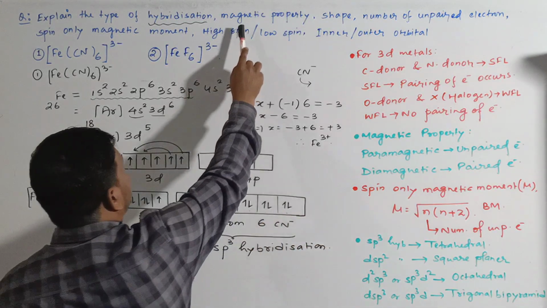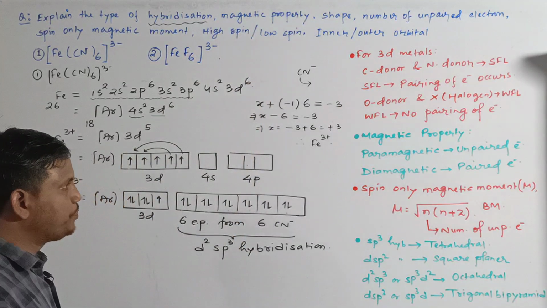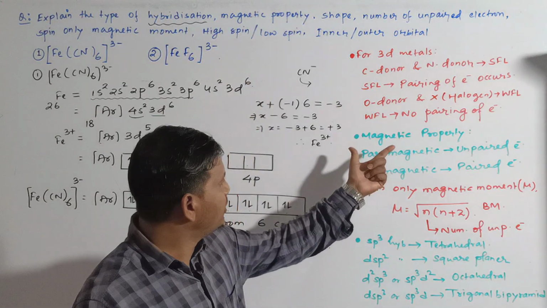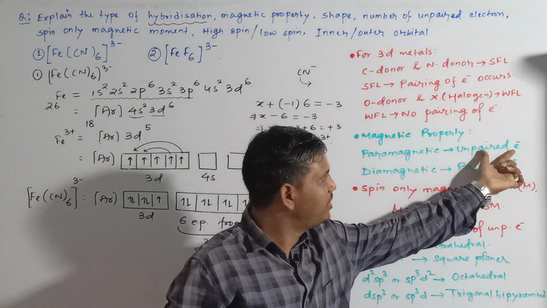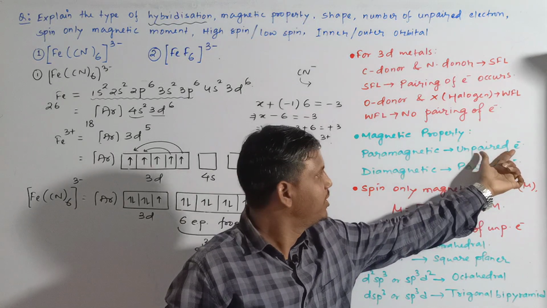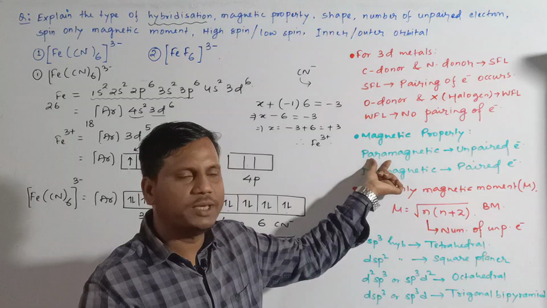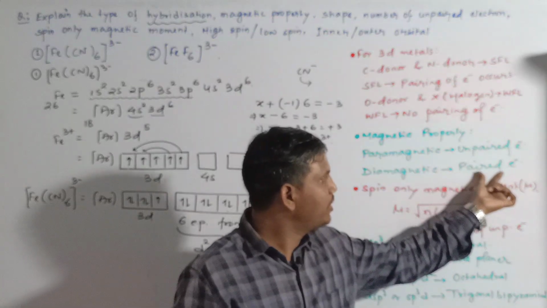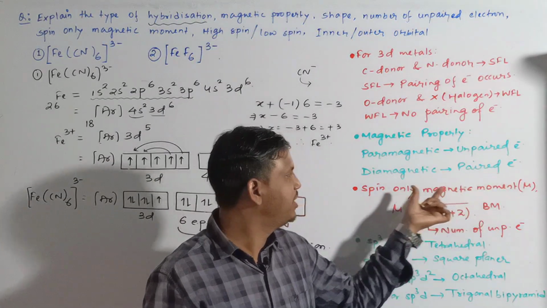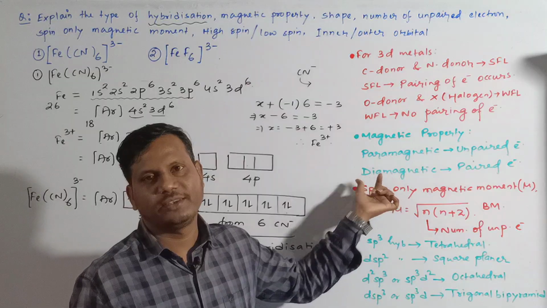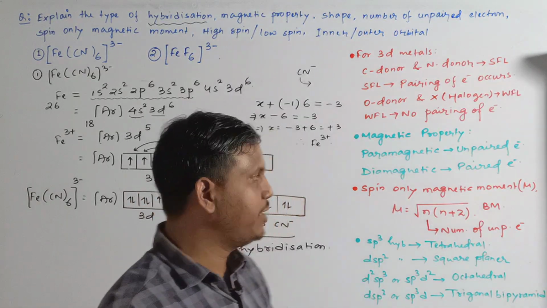Now next is magnetic property. For magnetic property, if unpaired electrons are present, then the complex will be paramagnetic, meaning attracted by a magnetic field. If all the electrons are paired, then it will be diamagnetic, meaning repelled by a magnetic field.